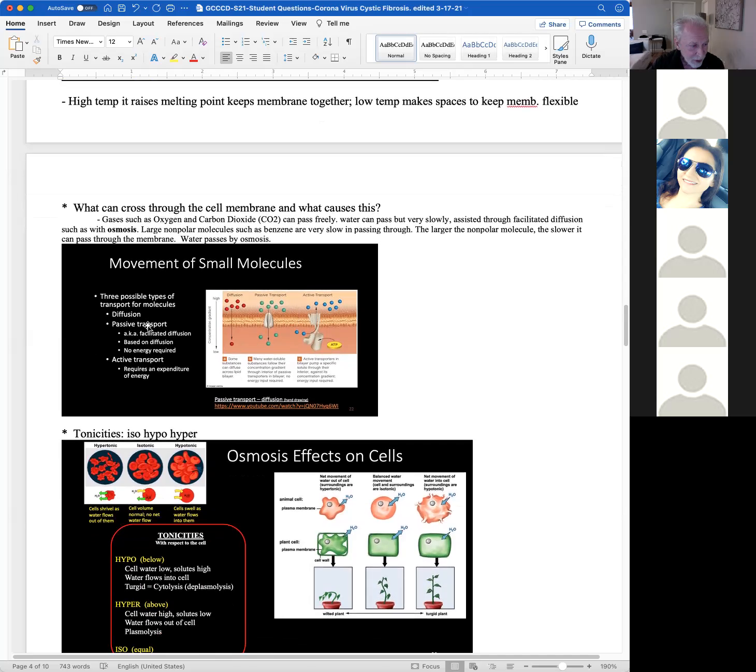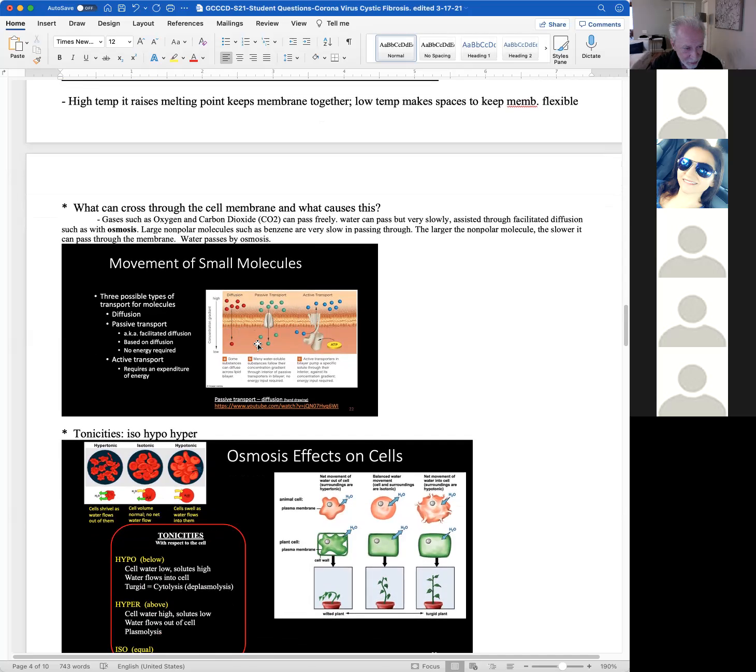There are three possible types of transport across a membrane. There's diffusion, which is entirely passive. And you can see that the red balls are simply diffusing, and this is usually quite a slow process. There's passive transport, which again is diffusion, but it's through a channel in the membrane.